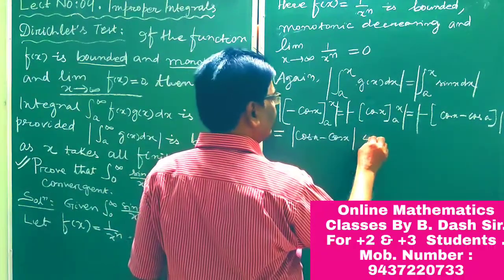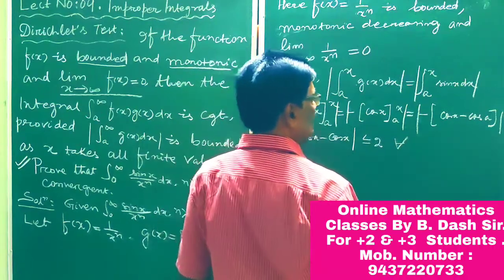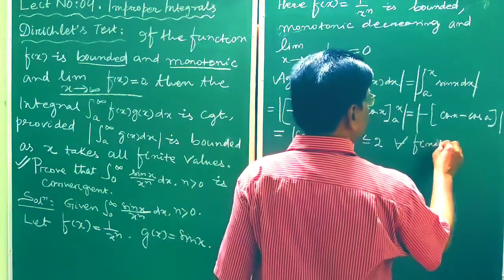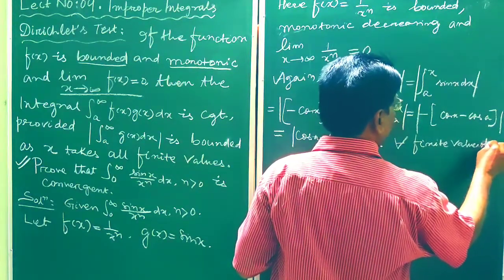This is less than or equal to 2 for all finite values of x.